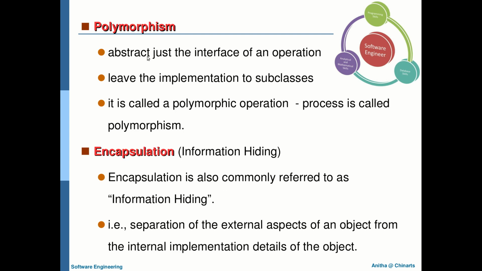Polymorphism is when you have just the abstraction and the subclasses implement the abstraction. Then you have encapsulation, which is nothing but hiding the information. So the external aspects and the internal implementation are separated, which you call encapsulation.